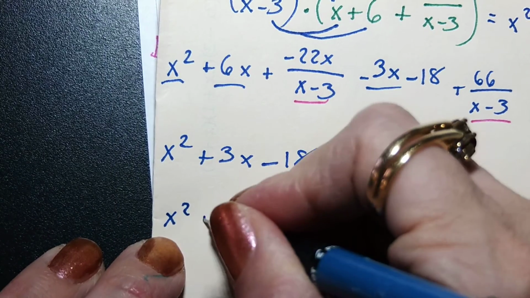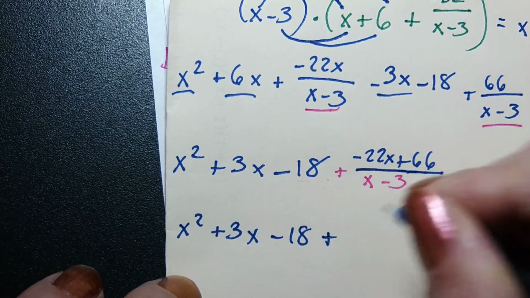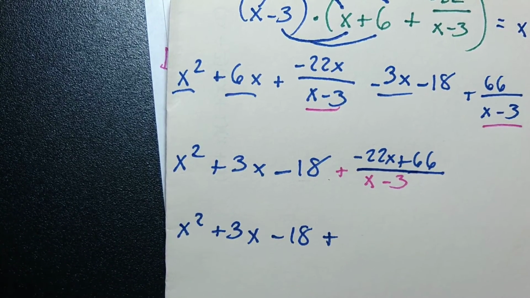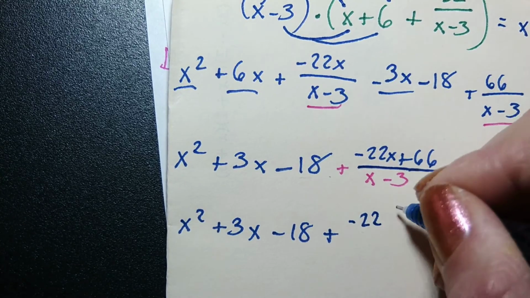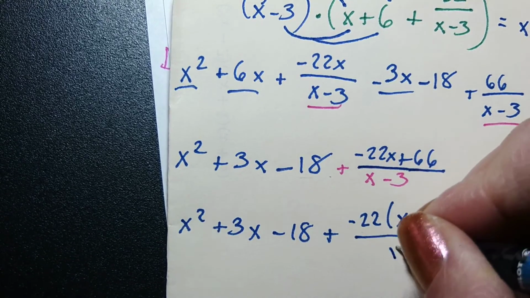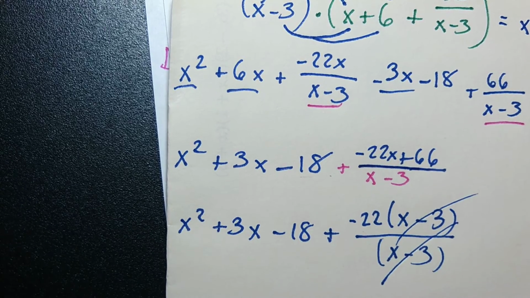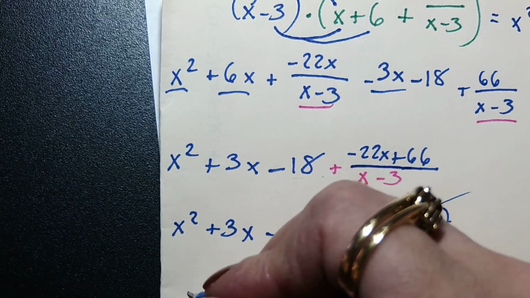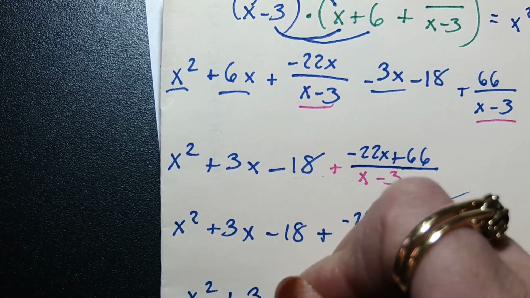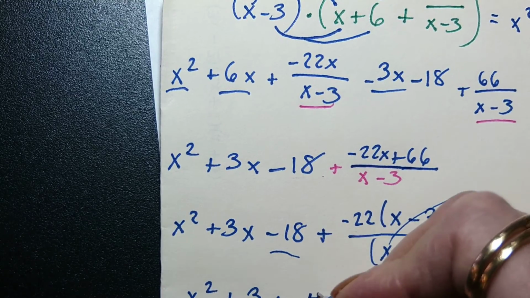This is kind of a nice lead into what we're going to be doing in one of our next units. So, do I have a GCF I can take out of the top? Yeah. What can we take out of both of those? We can take a negative 22 out, which leaves me with this. Then, we can cancel out the x minus 3's. And x squared plus 3x, negative 18 minus 22.